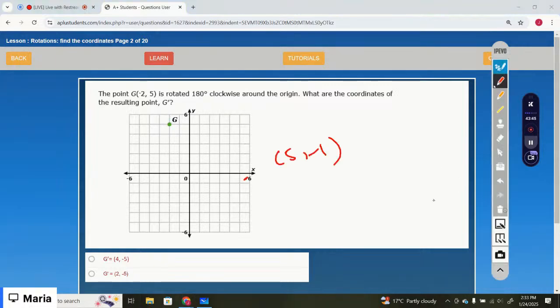That is G, you have to rotate 180-degree clockwise.